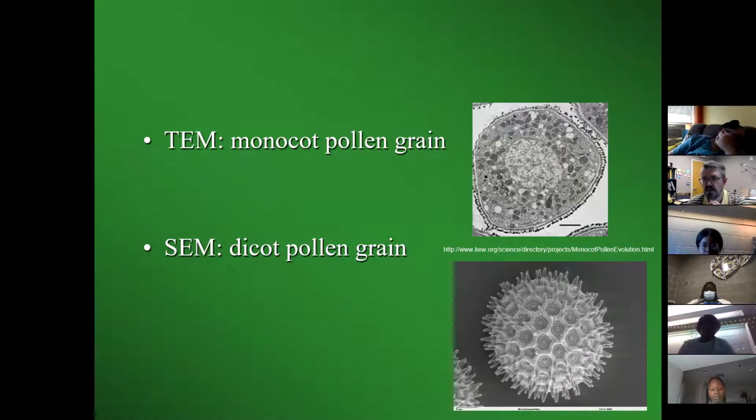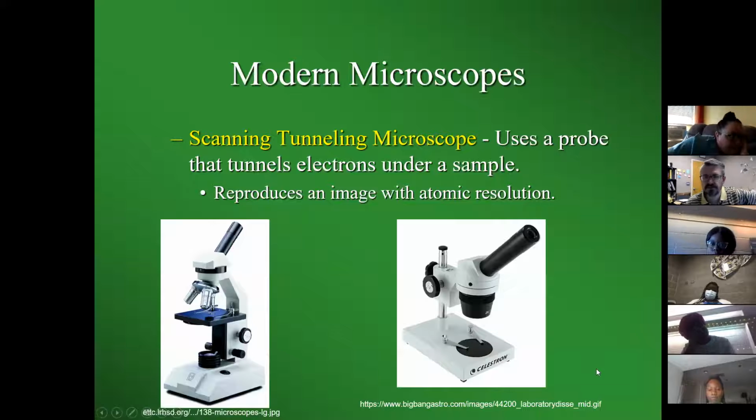Very important for looking at historical ranges of different plants. The sediments at the bottom of lakes, sometimes caught in ice. If you can find pollen grains from sometime in the past, you can actually identify what was in that area, at least to the genus. You might not be able to identify it to the species, but close enough.